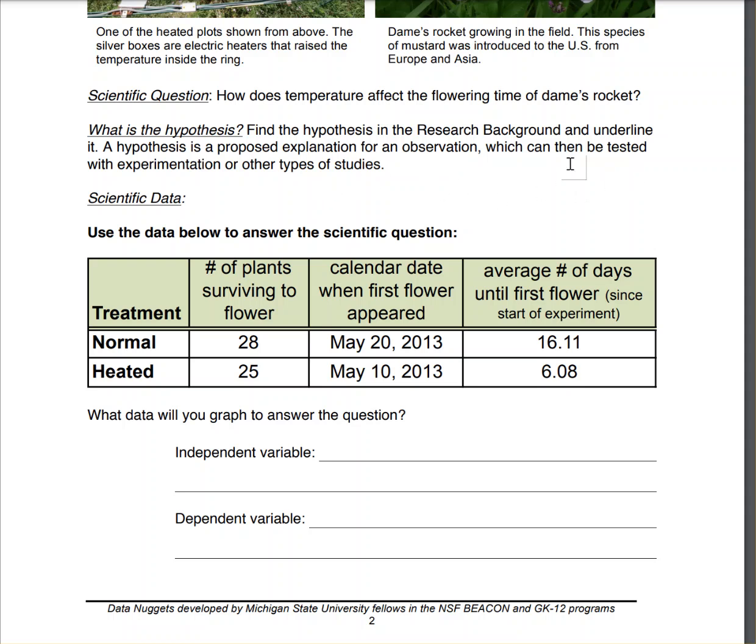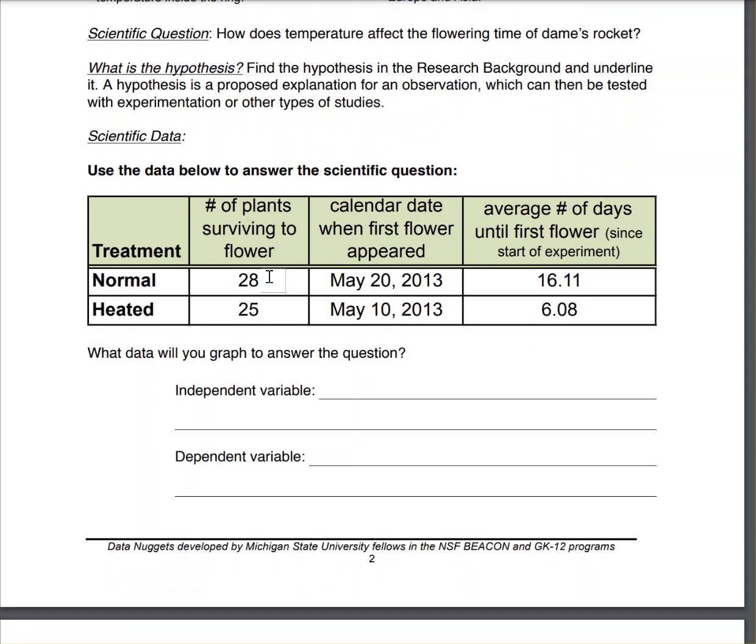Okay. Then we have our data, right? We don't know whether our hypothesis is true or not. We have to look at our data to find that out. So we see here that in the normal plot that was not heated, 28 of the plants survived long enough to flower, and it took those plants about 16 days to produce their first flower.